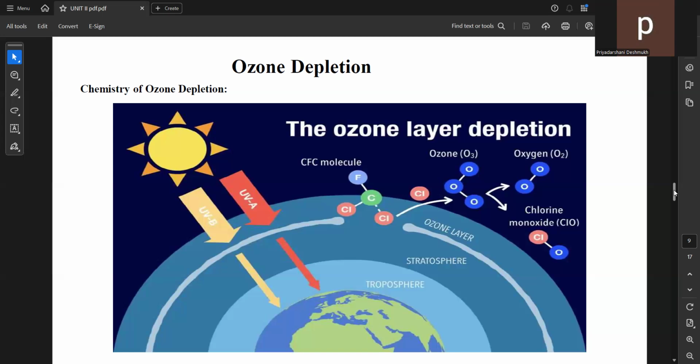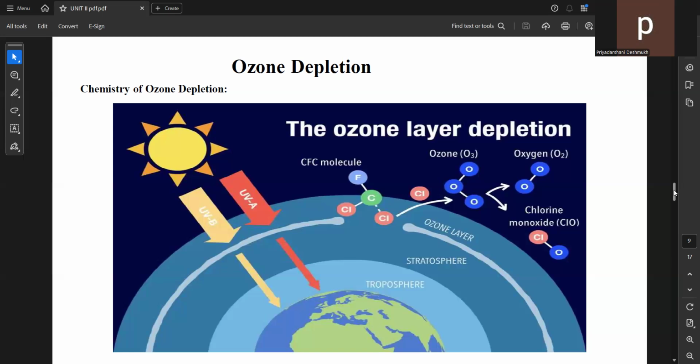Now, what happens? The chlorofluorocarbons, that is the CFCs, which are present in the atmosphere, and the other ozone depleting substances, that is ODS, release chlorine and bromine gas. Then they are broken down by the UV light in the stratosphere, that is the UV radiation obtained from the sun.